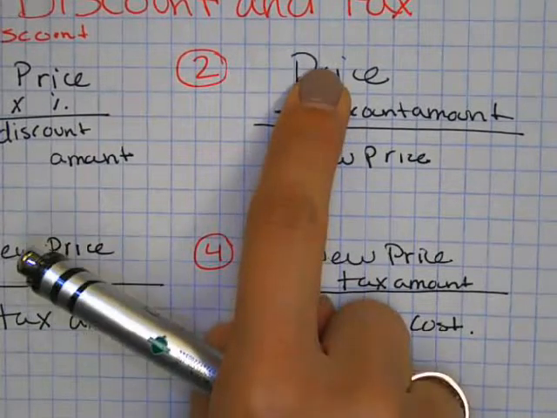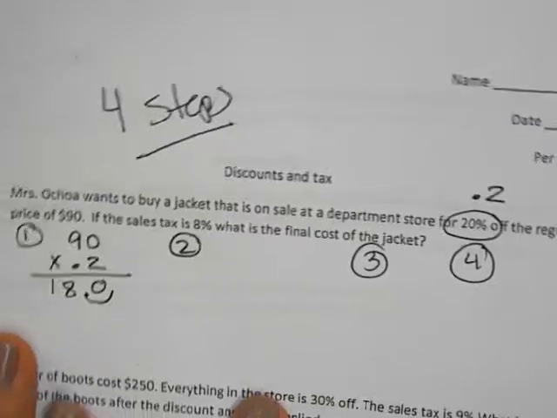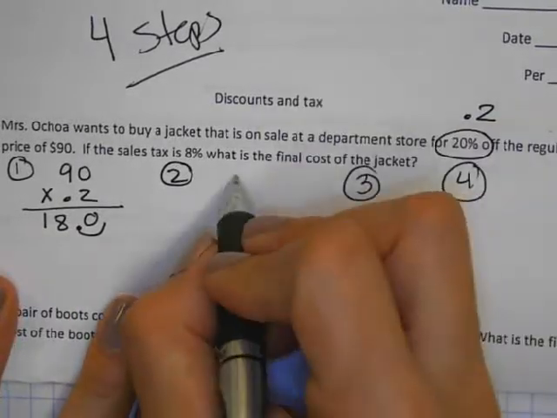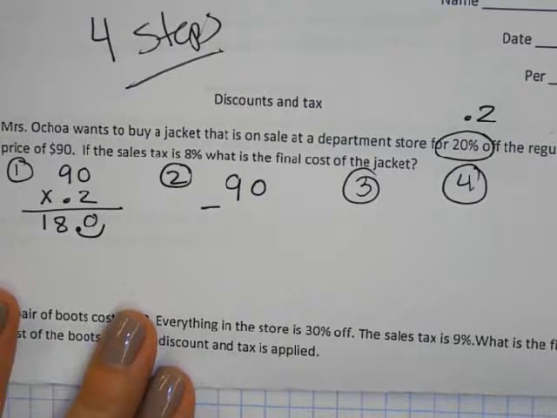What's your second step? Your price minus your discount amount. Okay, what's my price? $90 minus what? Do it.